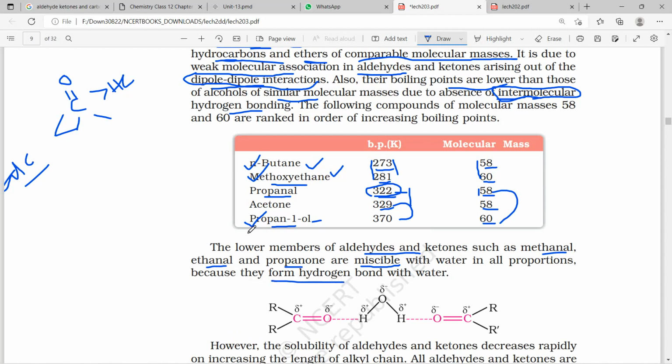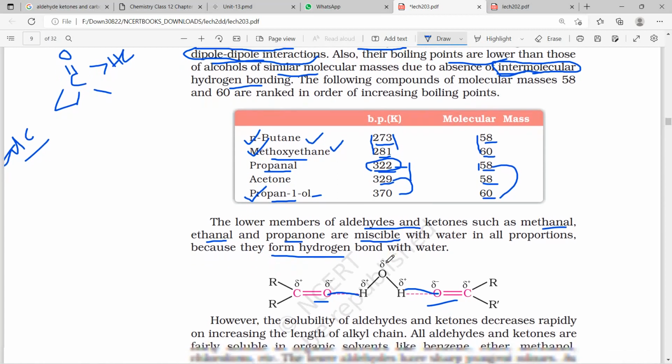So the first three members, the lower members, can easily form the hydrogen bond. This is a ketone; the oxygen of the keto group makes hydrogen bonds with the hydrogen of water molecules. Due to this hydrogen bonding, the lower members are easily miscible with water.